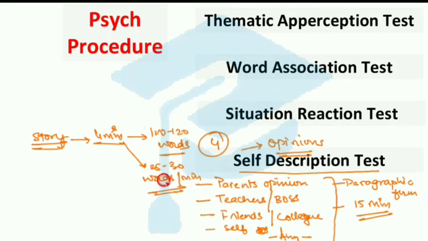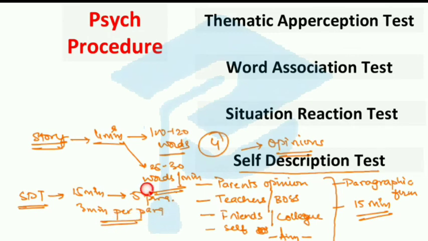Clear? Now, in the SD, it is 15 minutes dedicated for 5 paragraphs. So approximately 3 minutes per paragraph. So if you can write 25 to 30 words per minute, effectively here also you can write anything close to 80 to 90 words per paragraph.